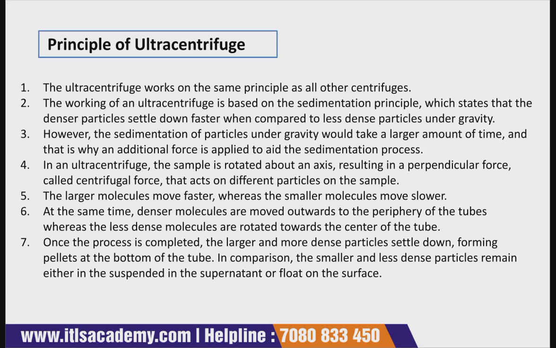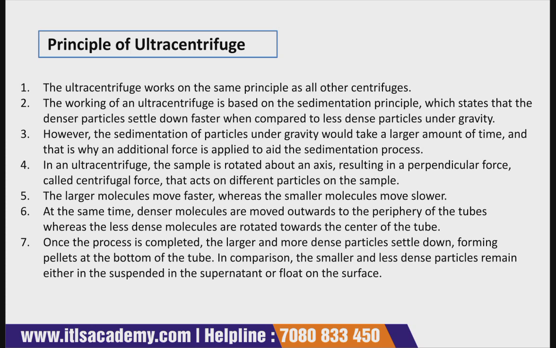In an ultracentrifuge, the sample is rotated about an axis, resulting in a perpendicular force called centrifugal force that acts on the different particles of the sample. The larger molecules move faster, whereas the smaller molecules move a little slower.